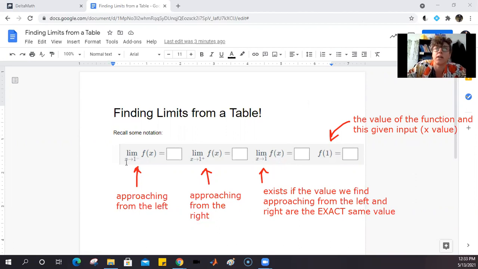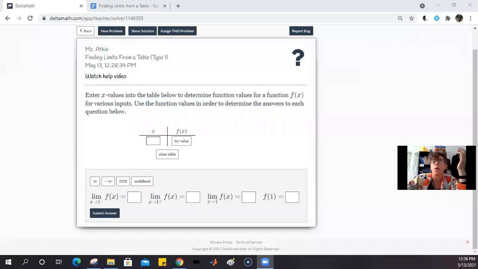So our notation, again: the limit as x approaches 1 from the left, the limit as x approaches 1 from the right, and the limit as x approaches 1, which will only exist if the value we find approaching from the left and from the right are the exact same value. That means the limit exists. And then this notation here is the value of the function at the given input, in this case, 1. All right, cool.